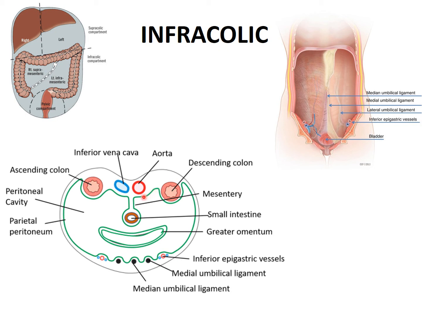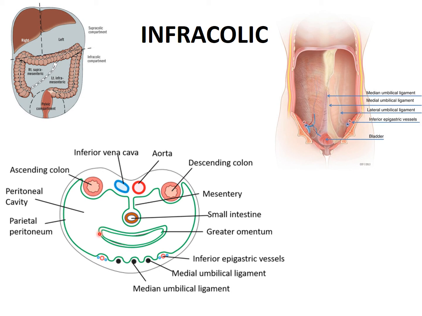Then it will run again on the posterior abdominal wall, and from there it will raise the fold of peritoneum called mesentery, and then it will cover the small intestine, and then the second layer of the mesentery will also be found, and then again this peritoneum will go back onto the posterior abdominal wall on the right side, covering the inferior vena cava, then again covering the ascending colon and coming back to the anterior abdominal wall where the folds were being raised by the umbilical ligaments.